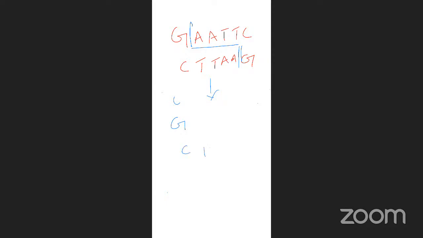C, T, T, A, A, and here G also separates. Now this is an empty space. This side is cut and separated. Now it can easily be joined by another nucleotide, meaning the same complementary sequence joins this region: adenine, adenine, thymine, thymine.